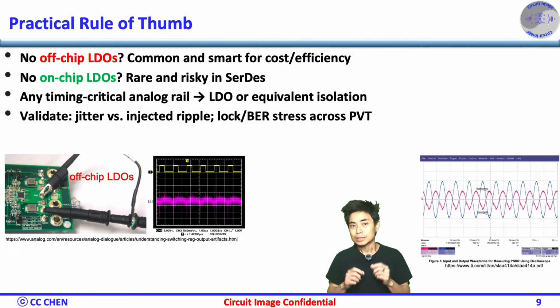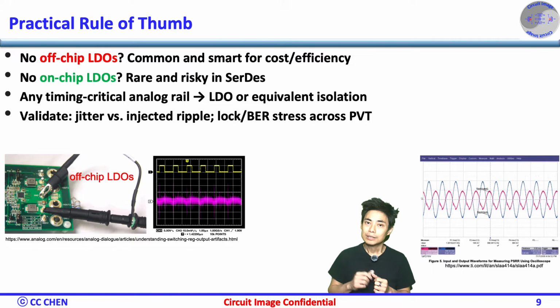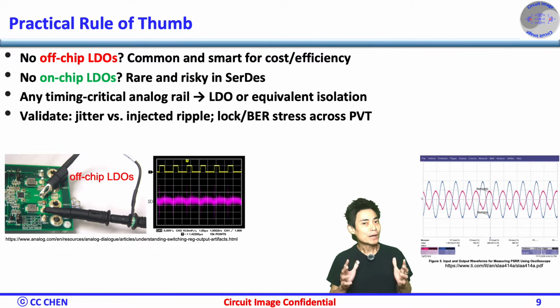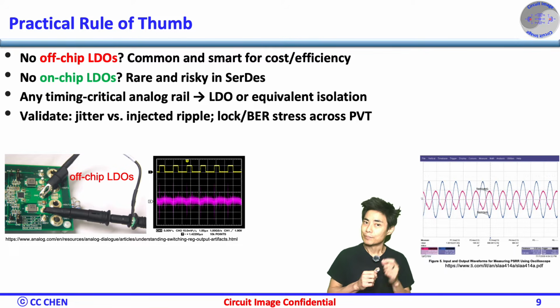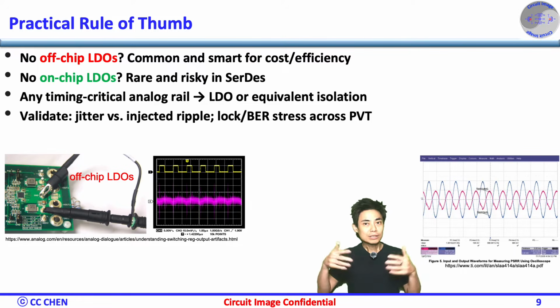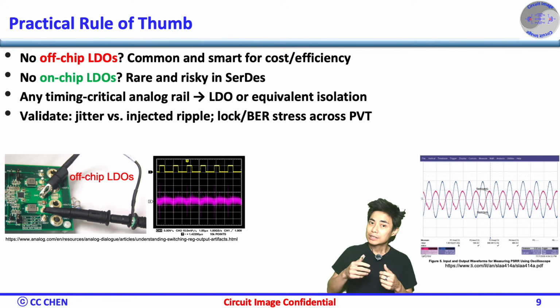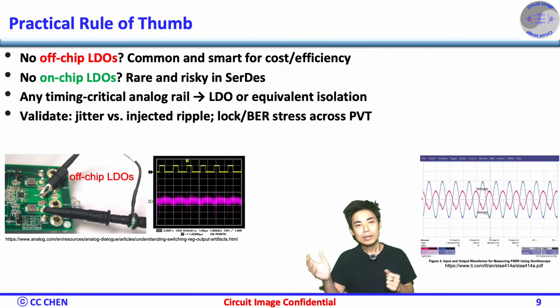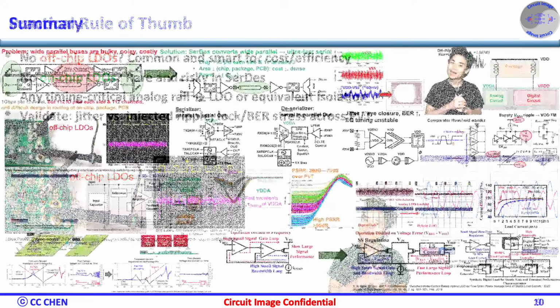The golden rule is this: any timing-critical analog rail needs an LDO or equivalent isolation filter, and you must always validate this with measurement by injecting ripple and stressing the link across all process, voltage, and temperature corners.